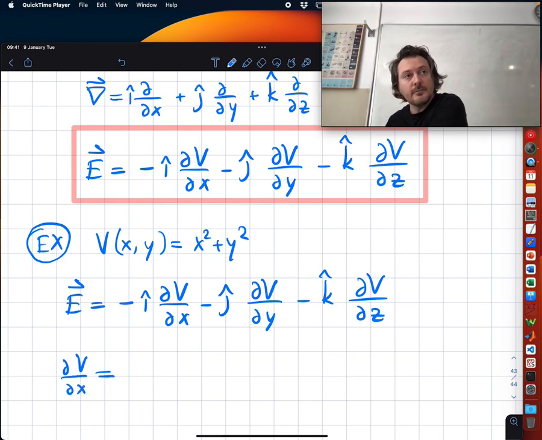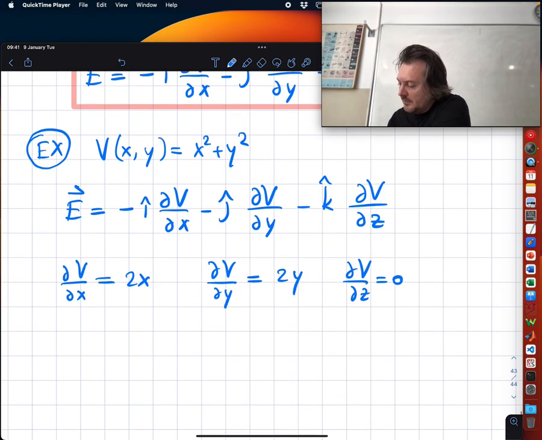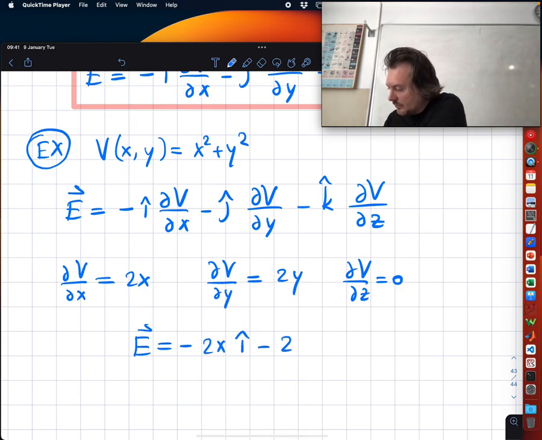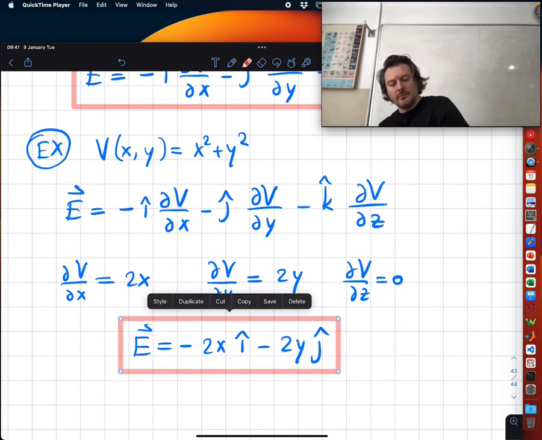What is it? 2x. What is del V over del y? 2y. What is del V over del z? 0. Excellent. So electric field is negative 2x i, negative 2y j. That's the result. All right? So we have found electric field using the potential.